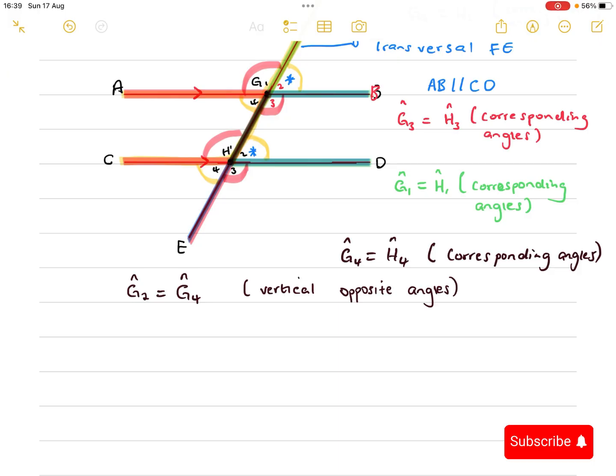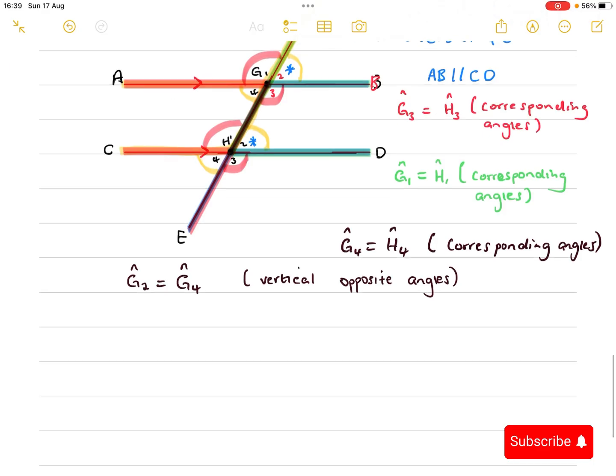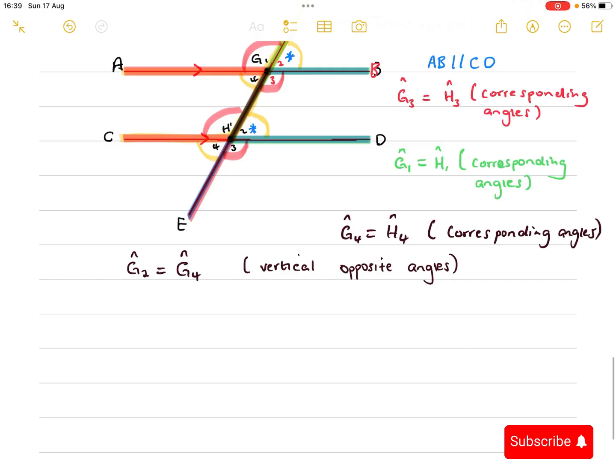Okay, if you can see carefully, we said that G2 is equal to G4 now, but we said G4 is equal to H4. So if G2 is equal to G4 and G4 is equal to H4, what does this say about G2 and H4? This then implies that G2 is also equal to what?